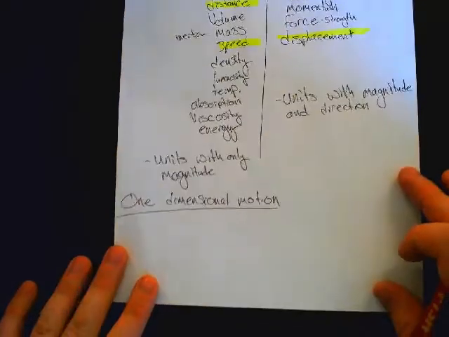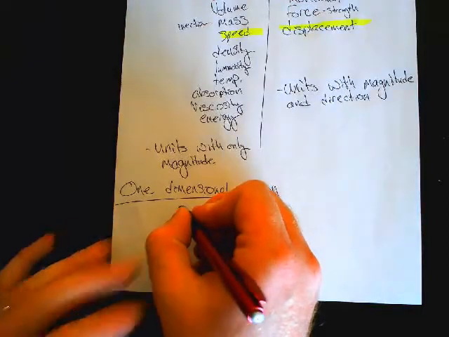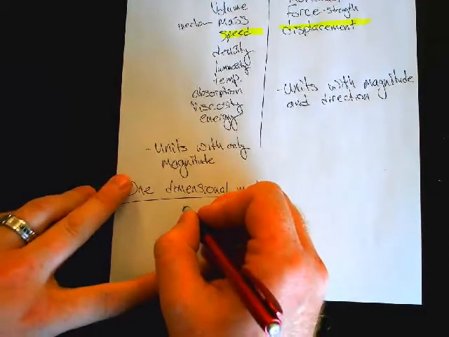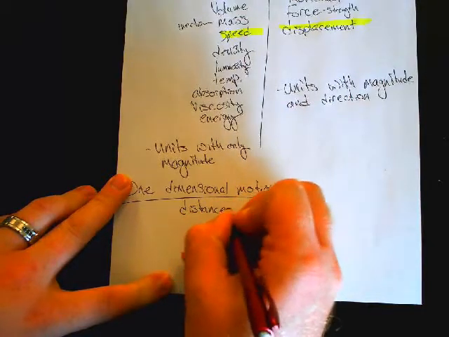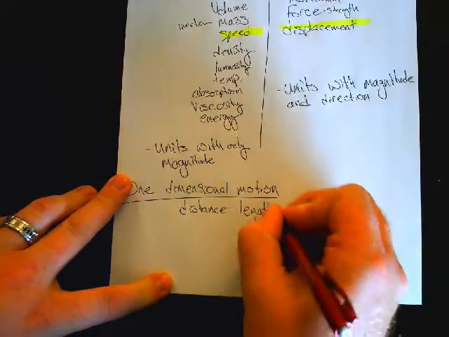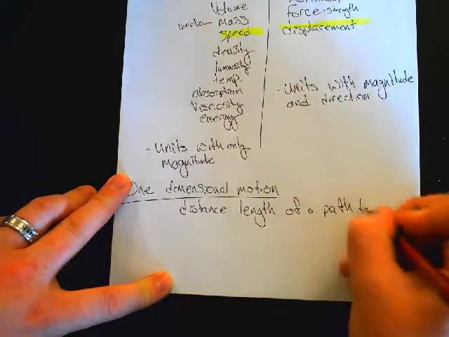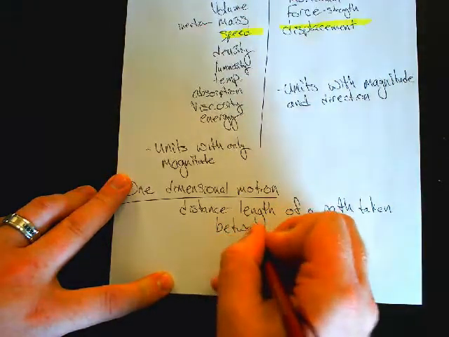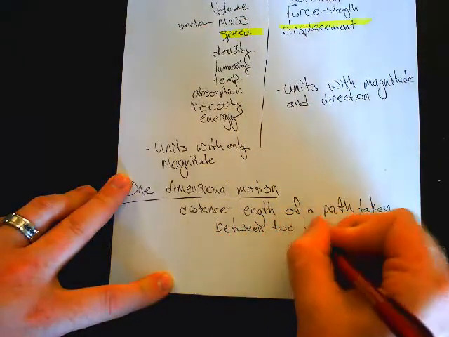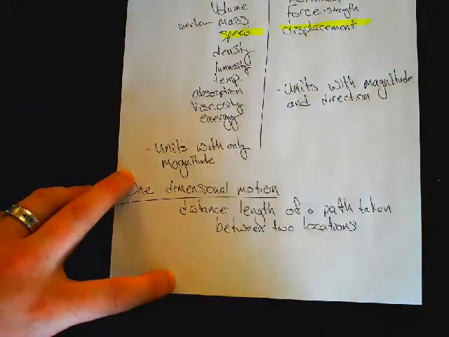All right, to start, we're just going to define each of these different values or different properties. Distance is simply the length of a path taken between two locations. The next one, displacement, is the change in position between two locations.